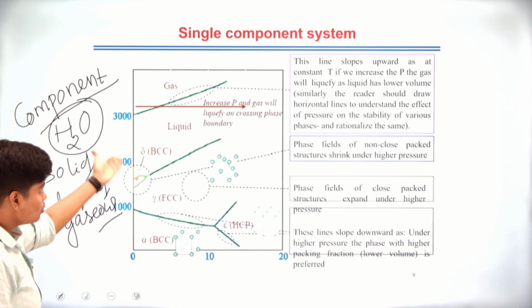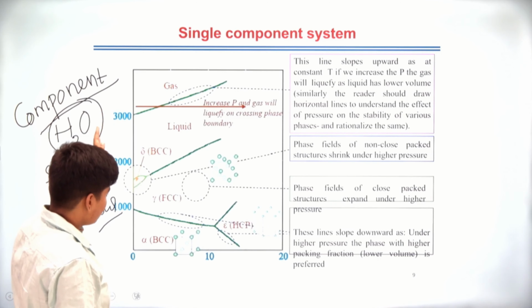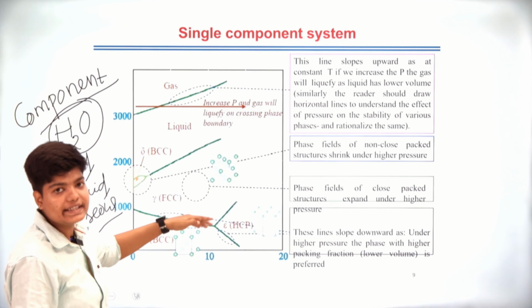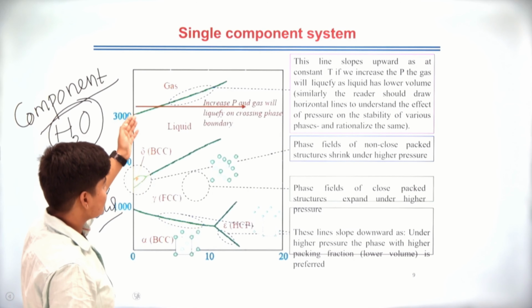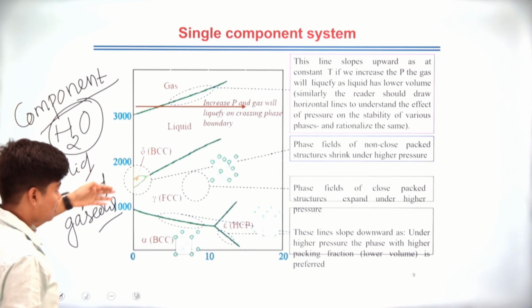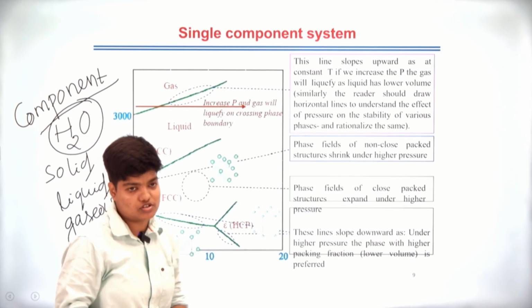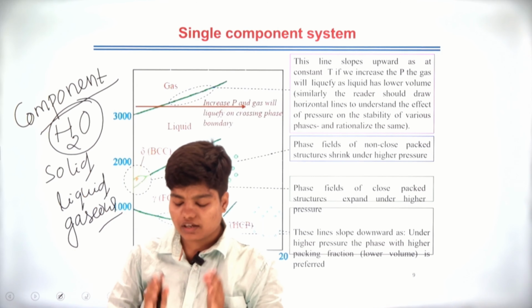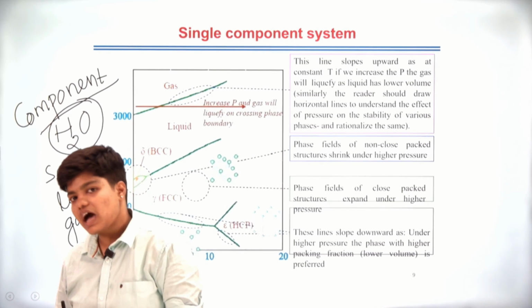You can see how the system is changing as the pressure is slowly increased. Here the phases given are gaseous, BCC, delta BCC, and HCP structures. How does the system behave at constant temperature if you increase the pressure slowly?